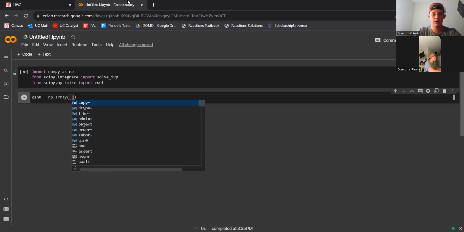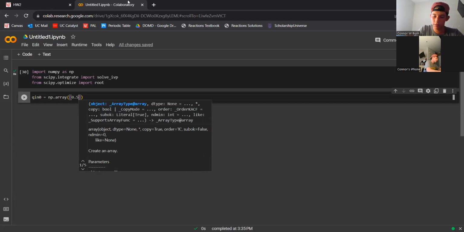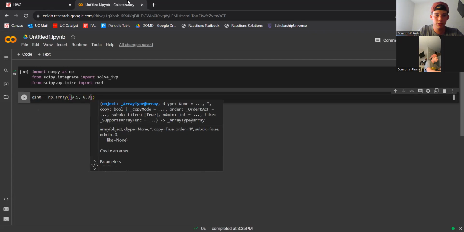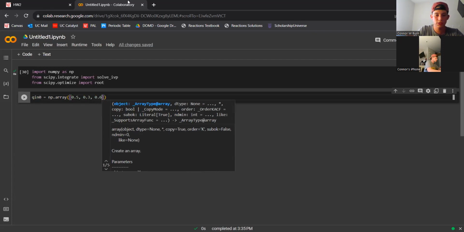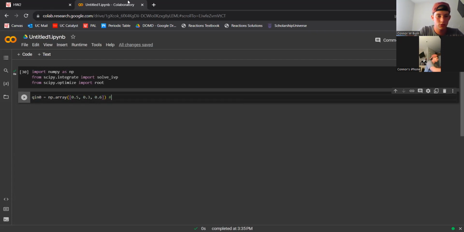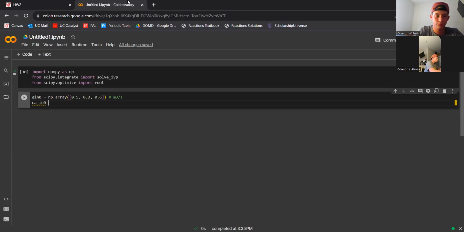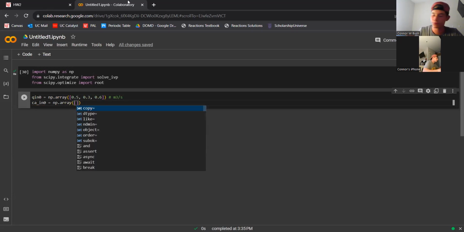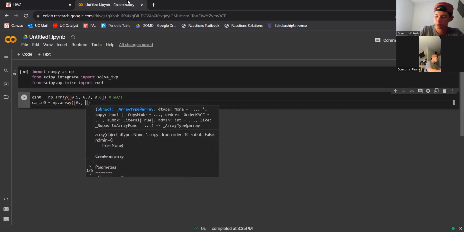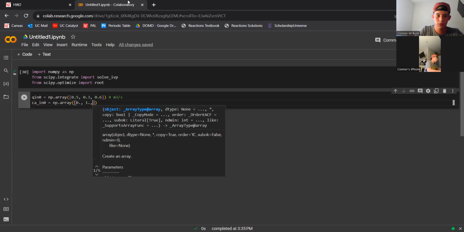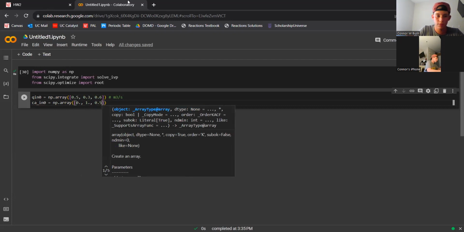we're going to have our flow rates of 0.5, 0.3, and 0.6. This is all in cubic meters per second. Our concentrations coming in are going to be an array of 0, 1, and 0.5.